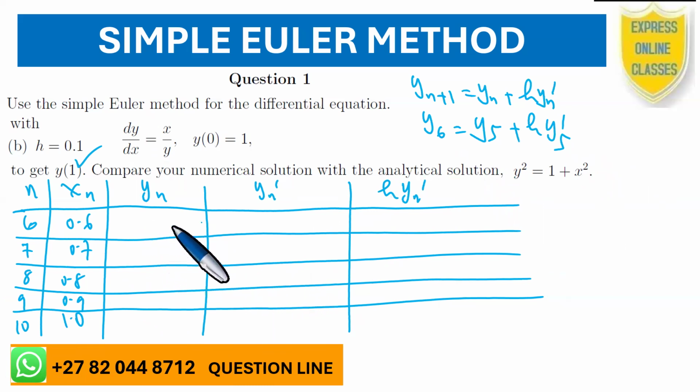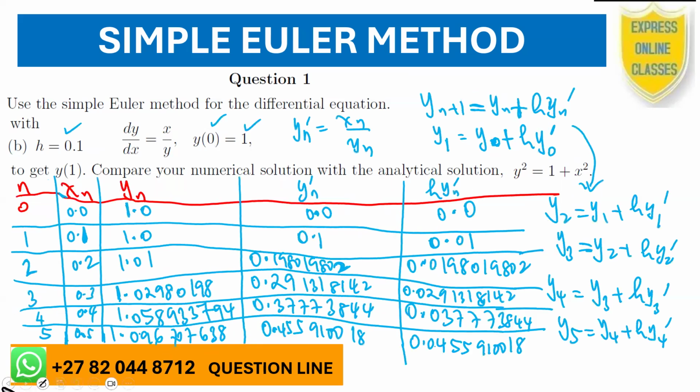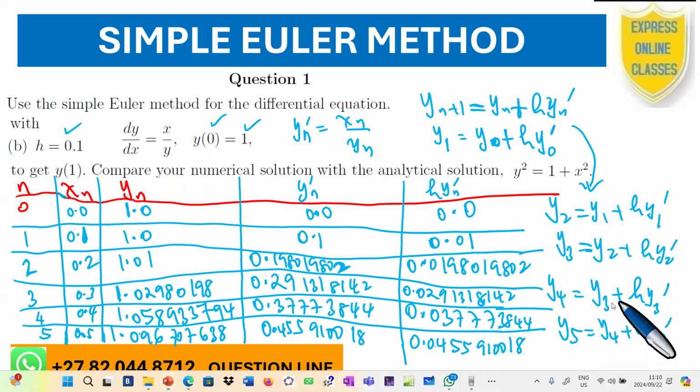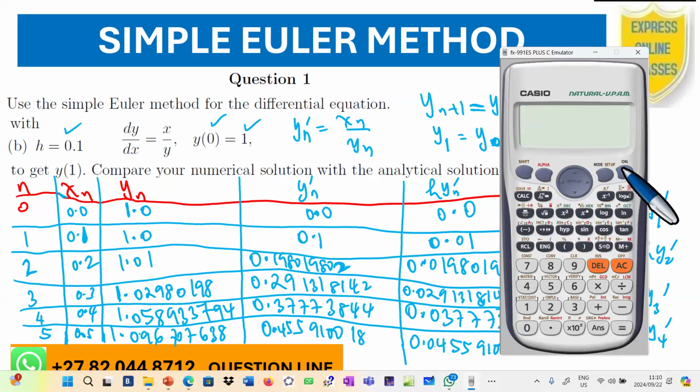To obtain your y6, you take y5 and add h times y5 prime. So y5 is exactly this one, 1.096707638.